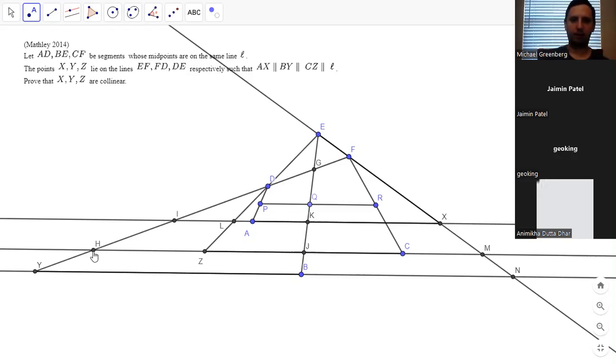And that's the same as HZ over IL times IL over IX. I can write that in terms of XF over FE and ED over EL.